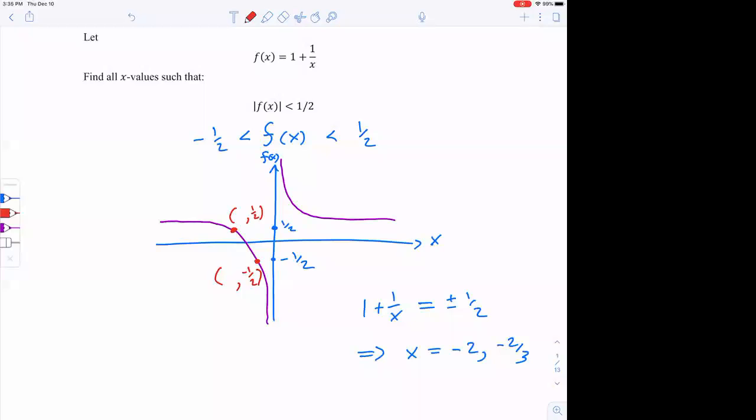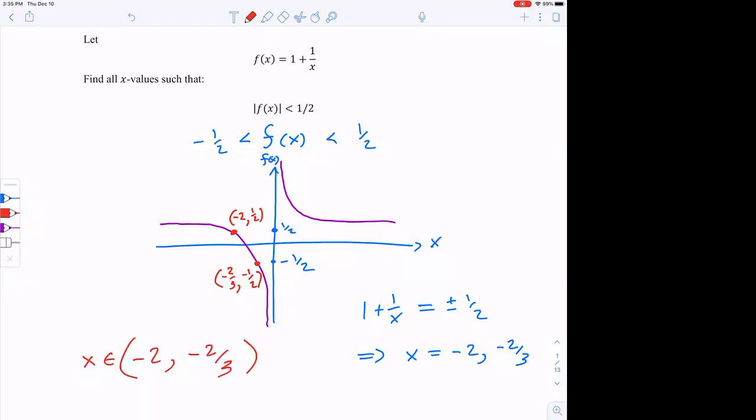The minus 2 would be the one that's further to the left, and this one would be x is minus 2 over 3. Those would be the x values that satisfy the inequality. So the answer would be x is an element of minus 2 going up to minus 2 over 3. And like I said, there are some other ways to solve it. You might want to look at the solutions on eClass for another method.